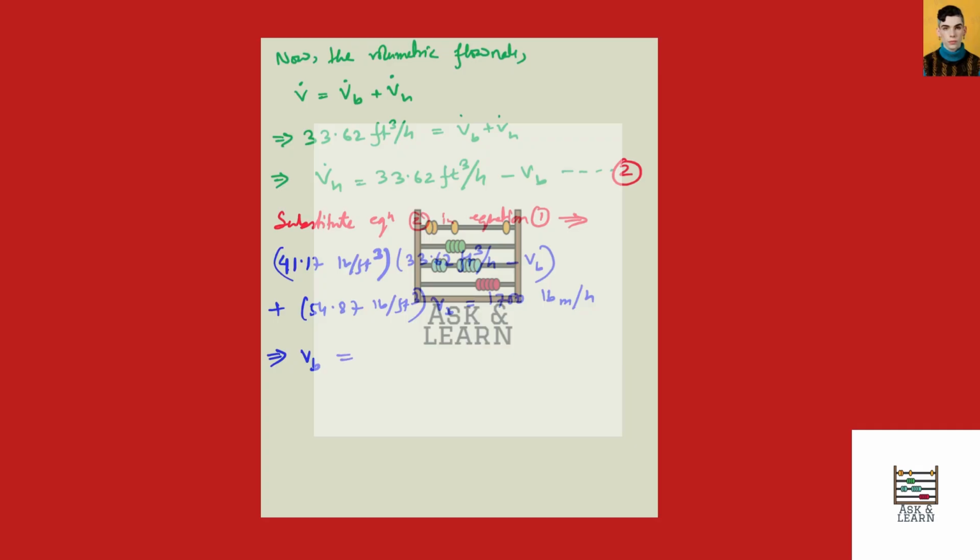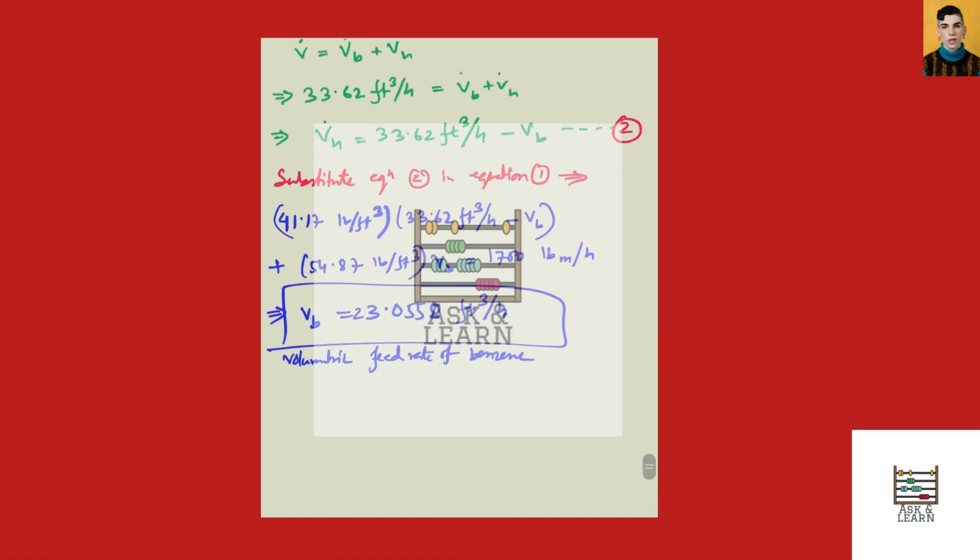Solving the equation for the volumetric feed rate of benzene gives us 23.0558 feet cube per hour. Then the volumetric feed rate of benzene is 23.0558 feet cube per hour.